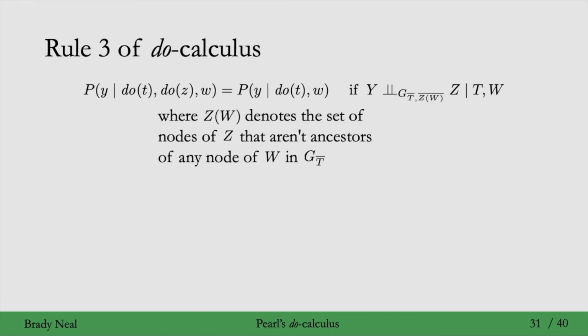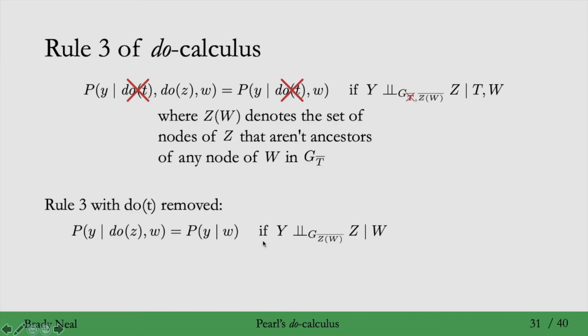This is rule 3, where Z(W) denotes the set of nodes of Z that aren't ancestors of any node of W in the manipulated graph. Alright, so to try to understand the intuition for this rule, we're going to do the same thing as always. Let's remove these interventions on t, so consider the special case where t is the empty set.